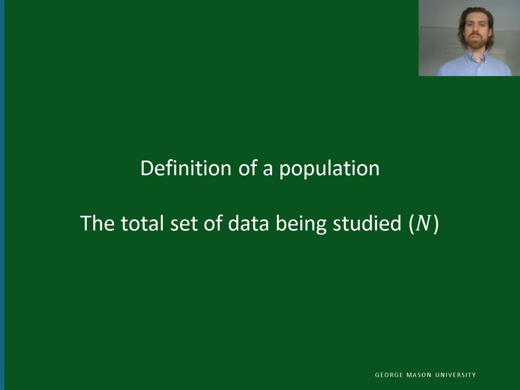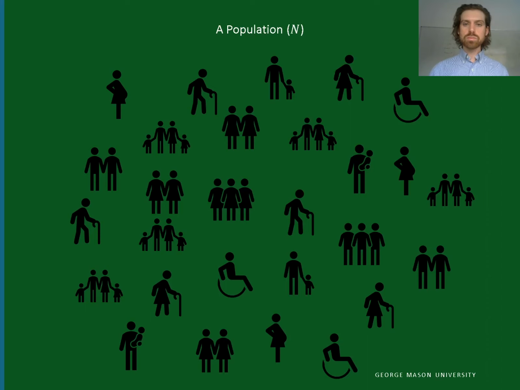And the important thing for me to emphasize is that capital N, as you see here on the right-hand side, is the standard way within statistics that we refer to the total population. So here we go. Here's a group of individuals that we're defining as the population.